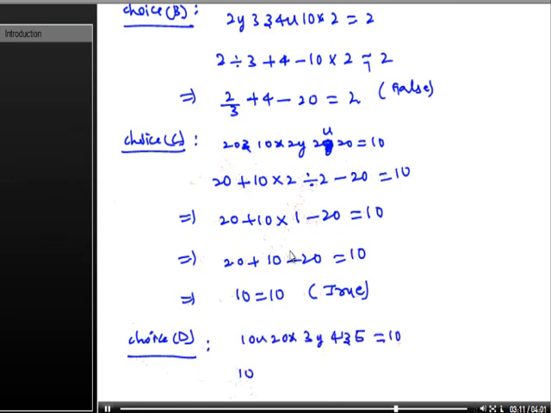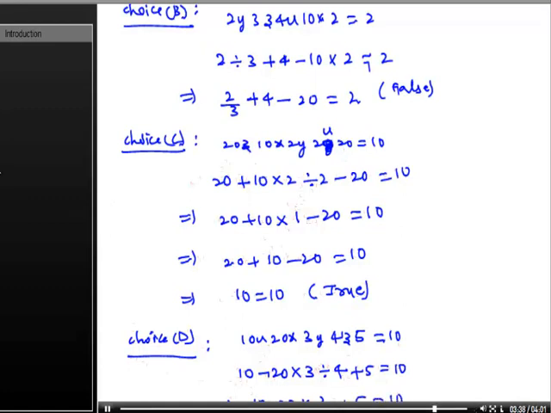This gives 10, u means minus 20, x means into 3, y means divided by 4, into z means plus 5 is equal to 10. This implies 10 minus 20 into 3 by 4 plus 5 is equal to 10.